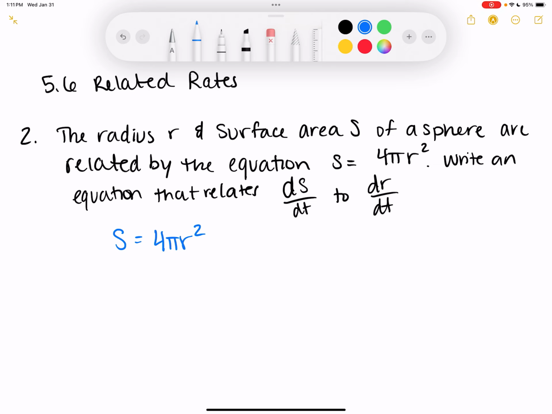So when we take the derivative of this, the derivative of s is going to be ds dt. And then on the other side over here, we take the derivative with respect to t of r, and so that's going to end up being 8 pi r dr dt.